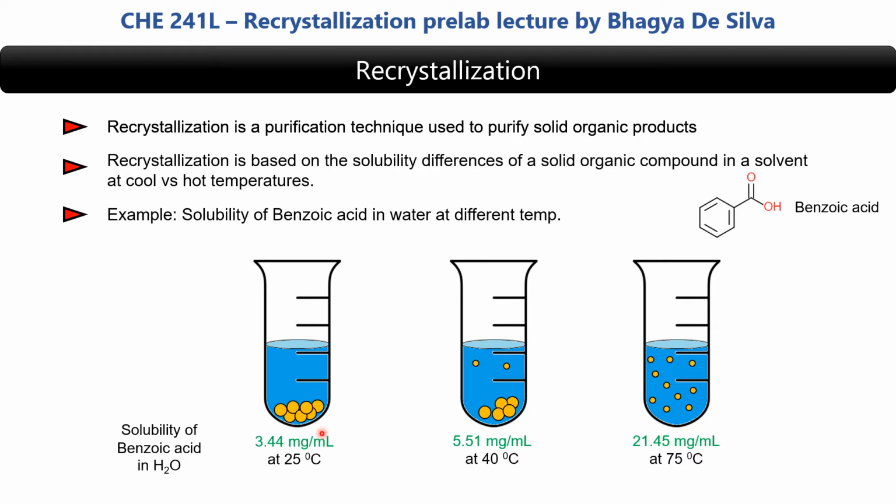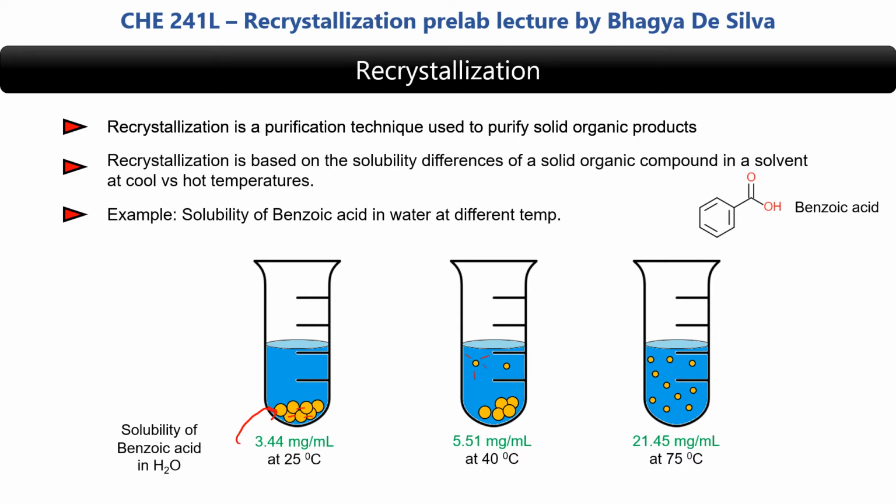The reason the solubility increases with the temperature is that when we heat the solution, we are supplying energy, and this energy is used to break the bonds that hold these solid molecules together in a crystal structure and forces these molecules to instead form interactions with the solvent molecules.